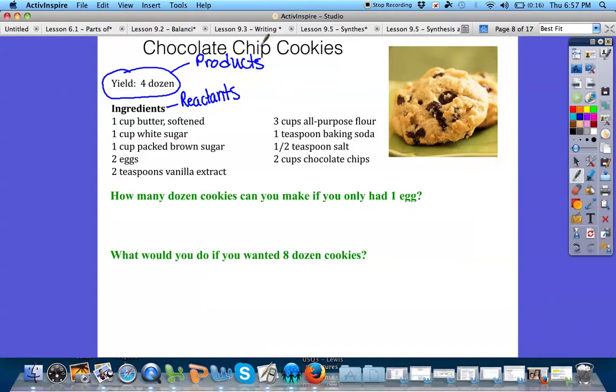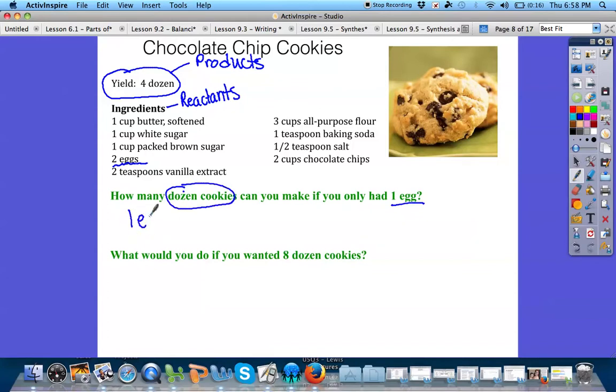So it yields 4 dozen cookies based off of this recipe. How many dozen cookies can you make if you only had 1 egg? Well, we need to look here, and the recipe calls for 2 eggs. So in your refrigerator, you only have 1 egg. You're going to start with the number and unit that you're given, and you want to find how many dozen cookies you can make.